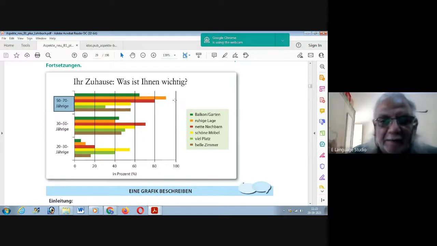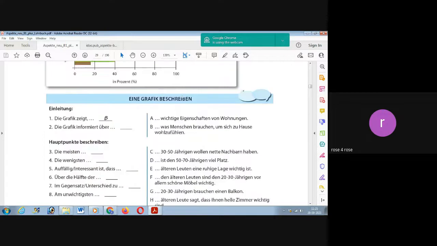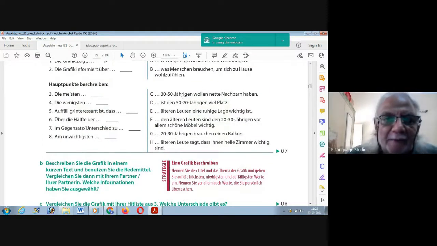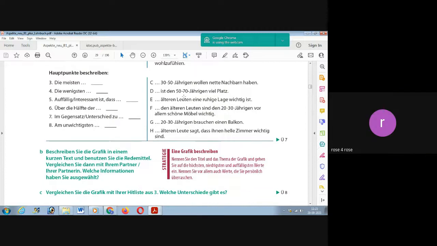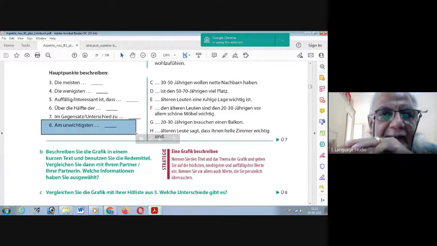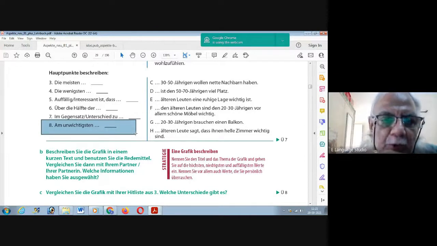It's obvious that they need a very quiet place. So use these kind of Redemittel to describe a graphic. Or take the negative. Am unwichtigsten, most unimportant.